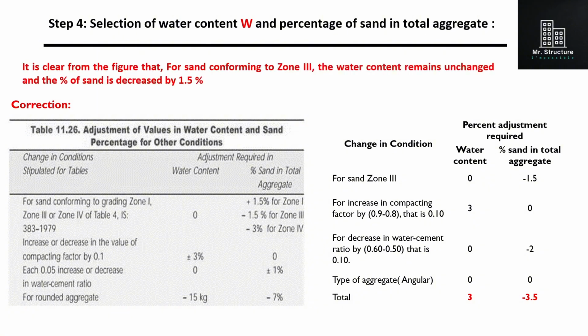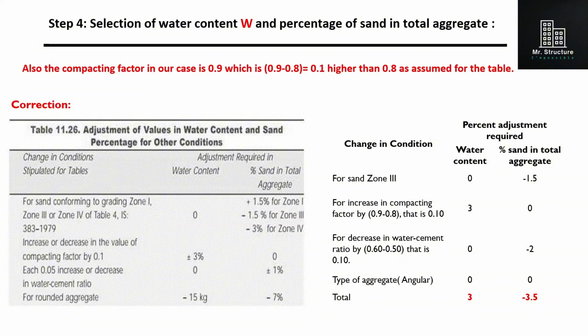It is clear from the figure that for sand conforming to zone 3rd, the water content remains unchanged and the percentage of sand is decreased by 1.5%. Also, the compacting factor in our case is 0.9, which is 0.1 higher than 0.8 as assumed for the table.